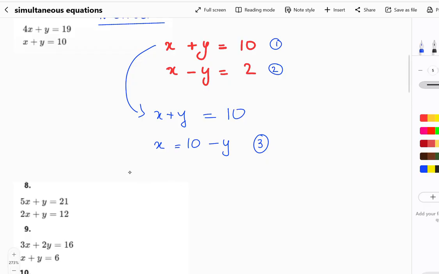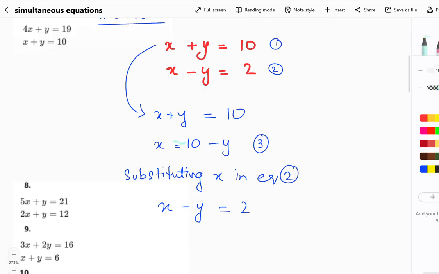So basically I'm substituting x in equation 2 with this. So equation 2 was x minus y equals 2. First you write the equation down, then you substitute the variable. The variable x equals 10 minus y. So instead of writing x, you need to write 10 minus y now. You need to write this.